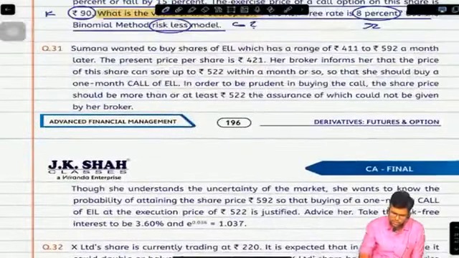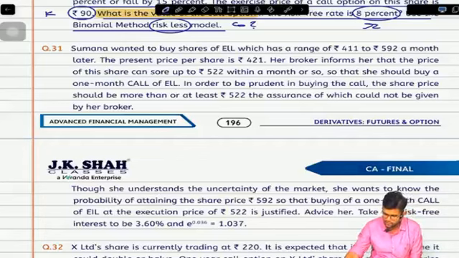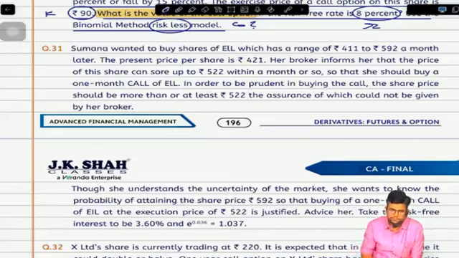Hold on, there is one question which is there in single step also. Before that, let's read question 31. Question number 31, everyone please.